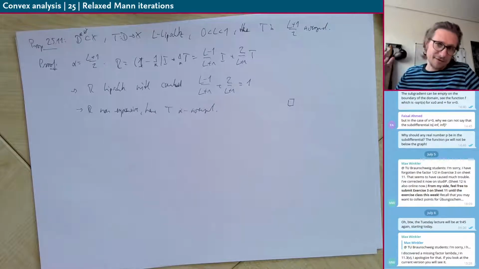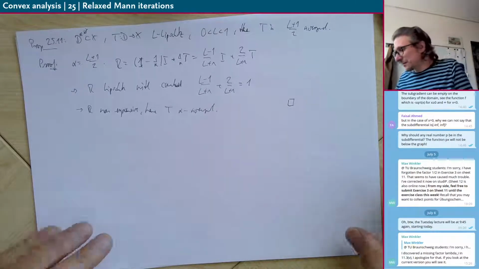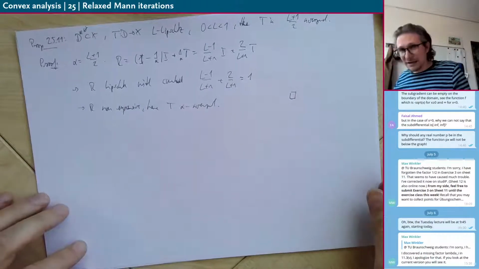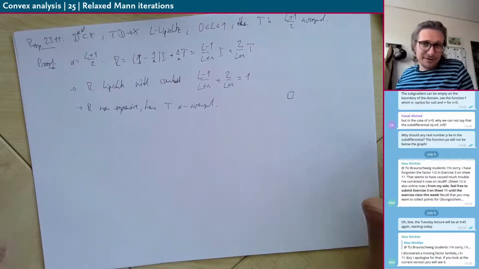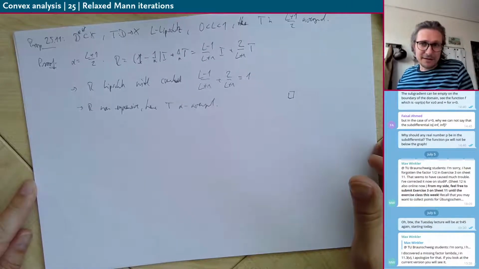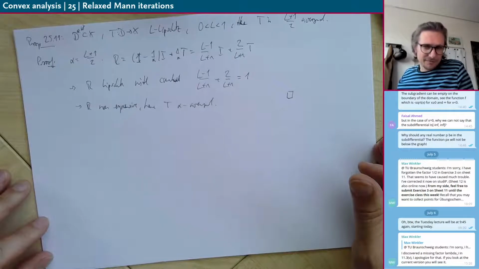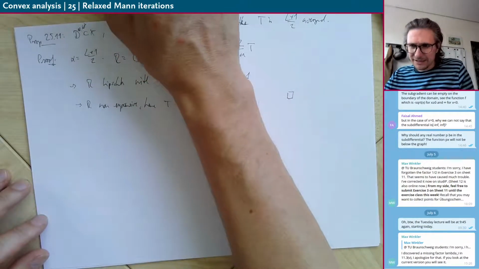And in the last week of the term, we're going to see that this is really helpful to get a flexible framework for deriving a very large class of flexible and simple to implement methods for monotone inclusions, and in turn for convex optimization problems. Okay, thanks for listening, and see you tomorrow.